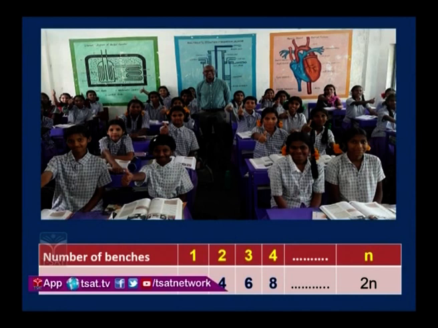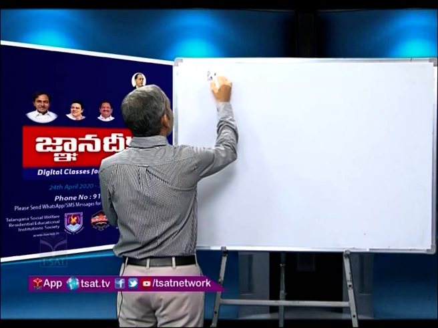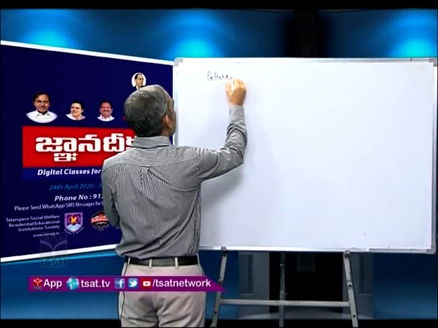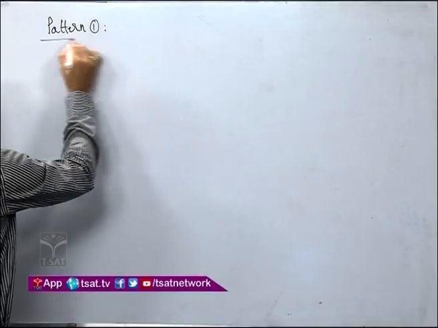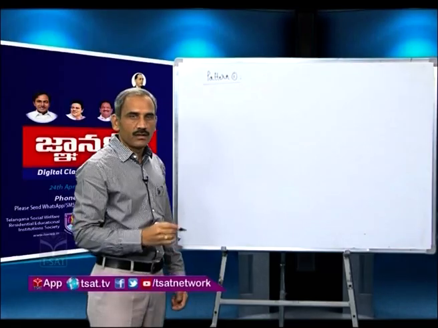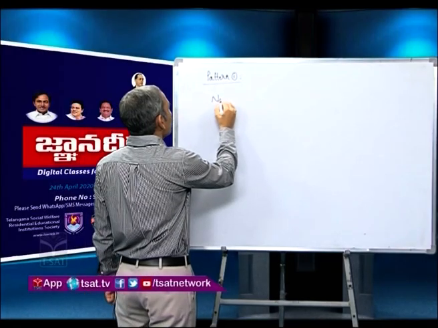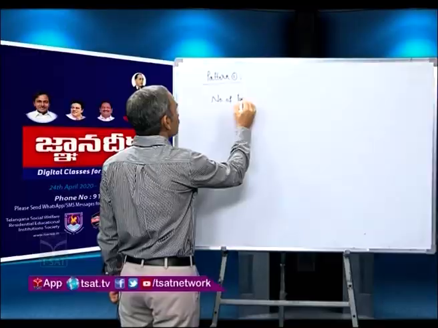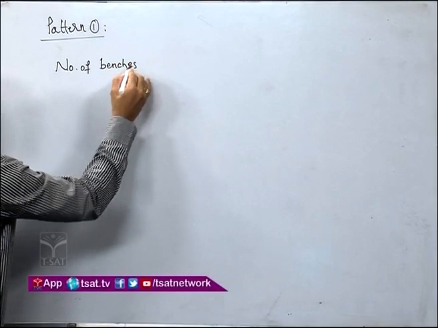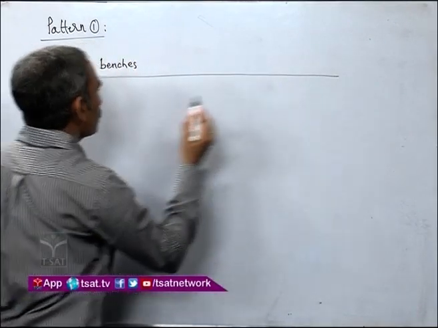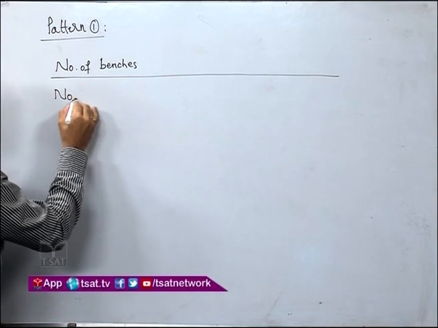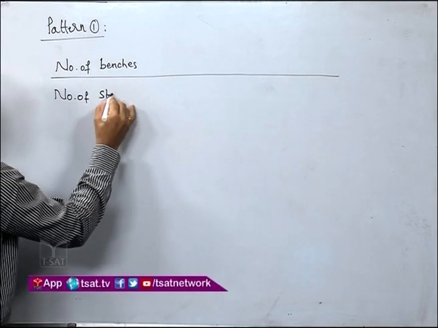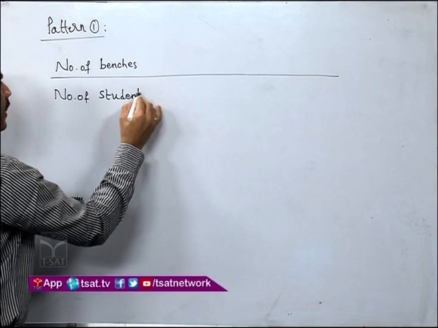Now let us look at that pattern. I want to write the table again: number of benches, and number of students that we can accommodate.